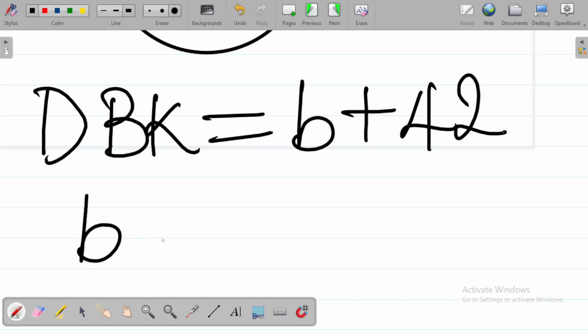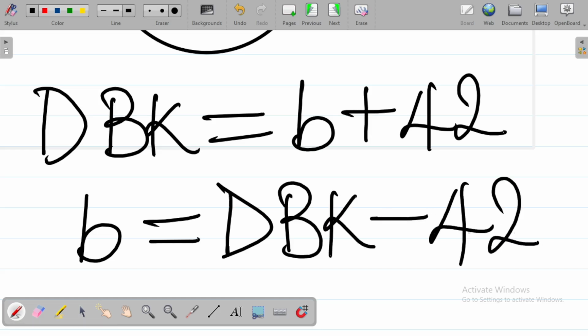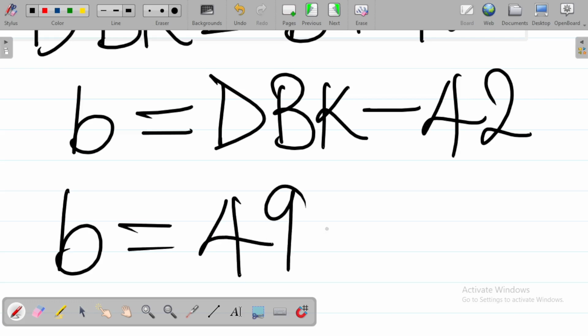Therefore, B is equal to DBK minus 42. So if we substitute the value of DBK, B becomes 49 minus 42.